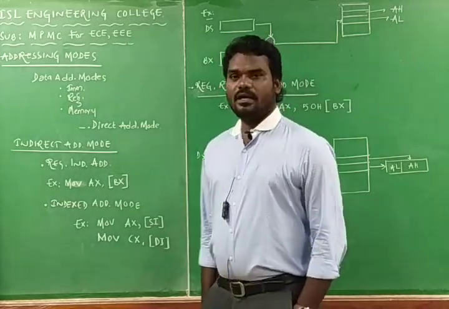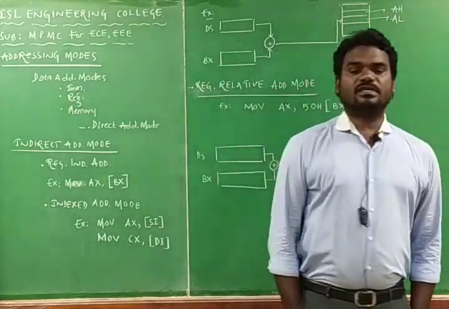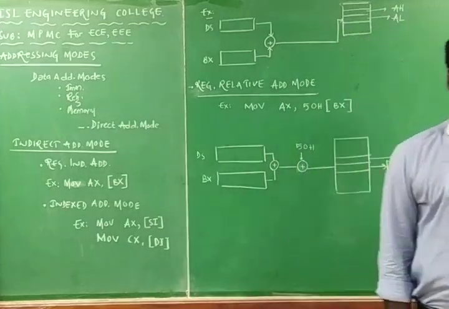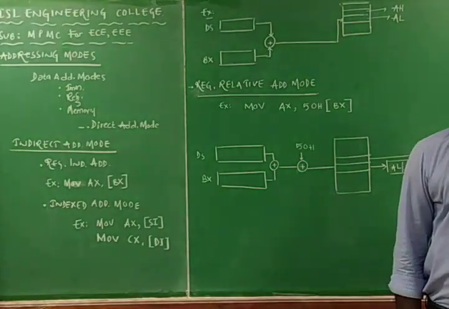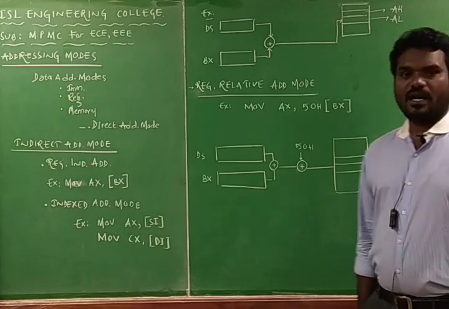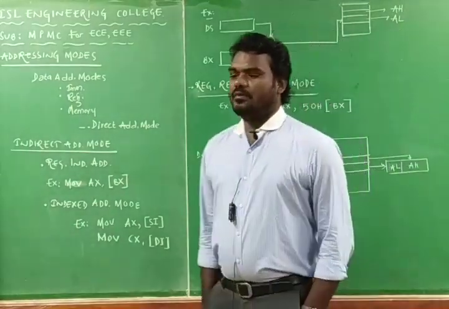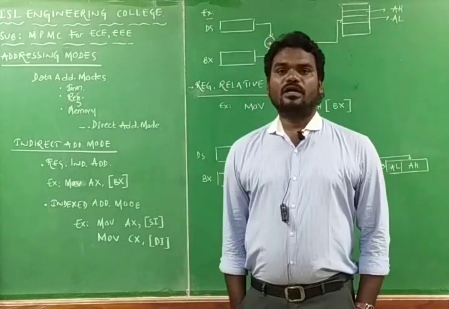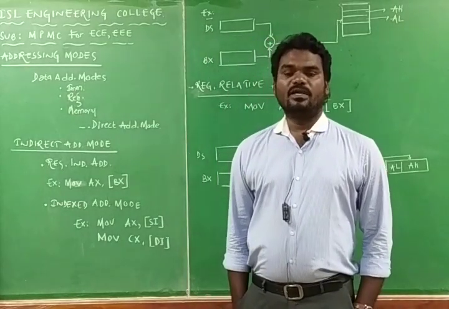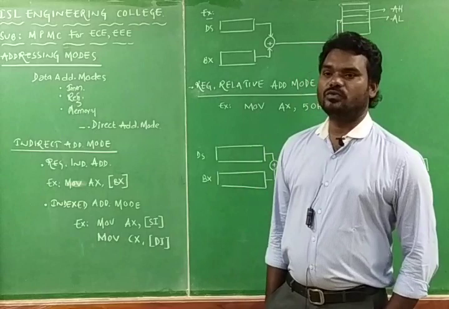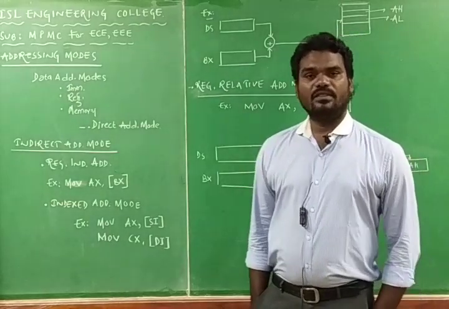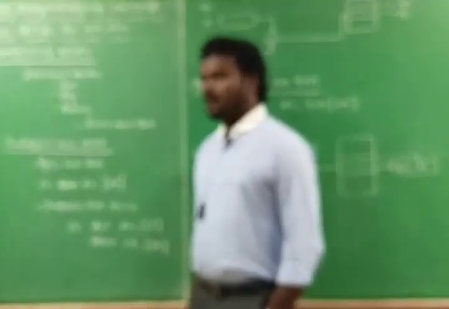In the immediate addressing mode, we discussed that the complete operand is specified in the instruction itself, so the processor directly goes to that particular data and, based on the instruction, performs some operation on the given operand or data.